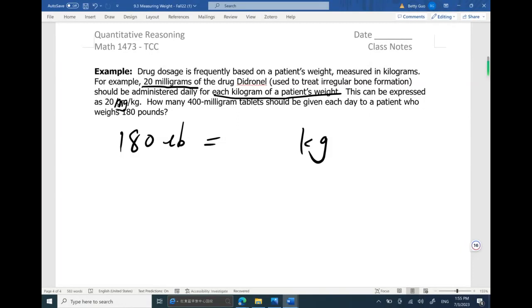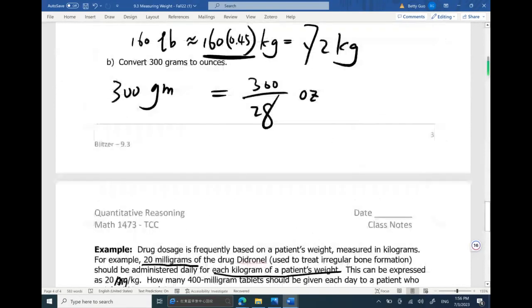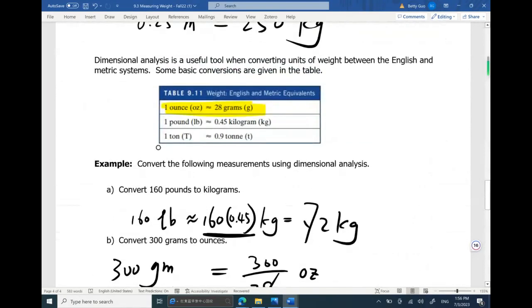So how do we convert from pounds to kilograms? The conversion factor is 2.2. Oh no, I'm sorry. If you divide 1 by 0.45, you get 2.2. But the factor we are given is 0.45.